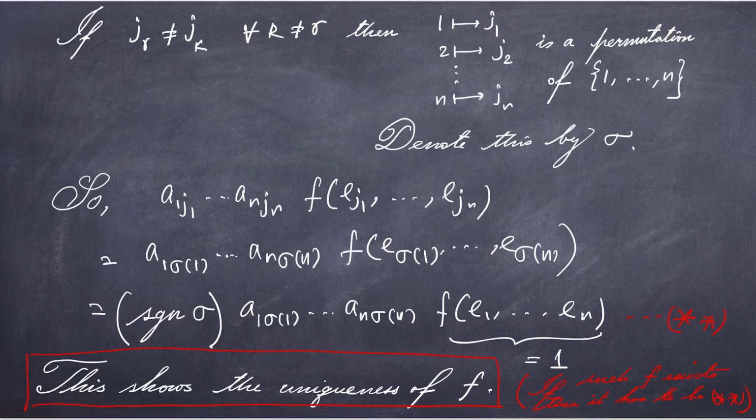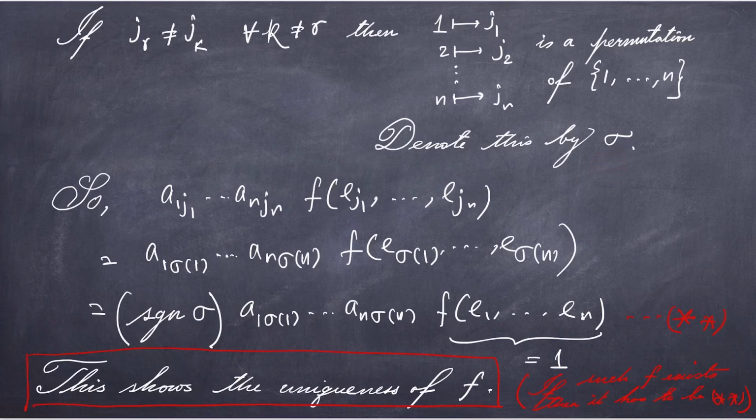And what does that tell us? Since j1, j2, ..., jn are n numbers from 1 up to n, and no two are equal, this shows that this map i goes to ji is indeed a permutation of 1 up to n. Let's denote that by sigma.